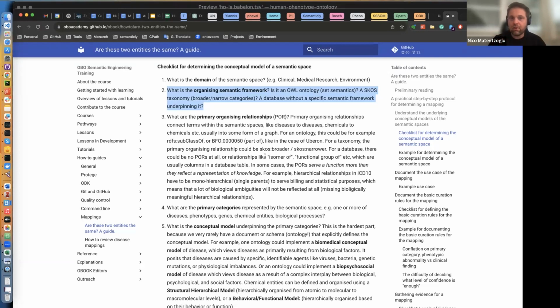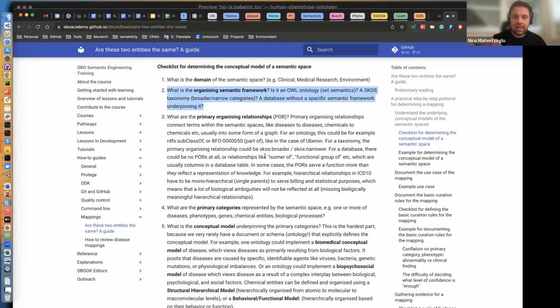And what I mean by primary organizing relationships are the relationships between the entities in the semantic space. So let's say you have something about diseases, then what I just want to document here is, how are these diseases organized with respect to each other?